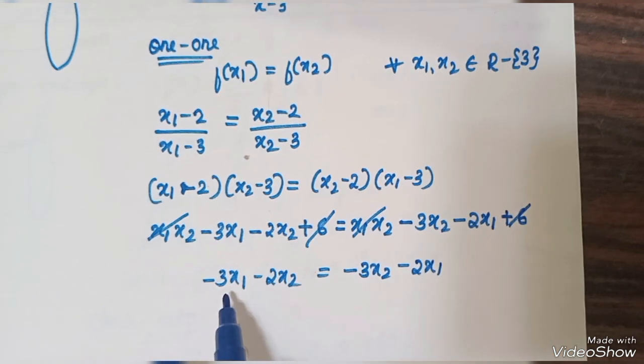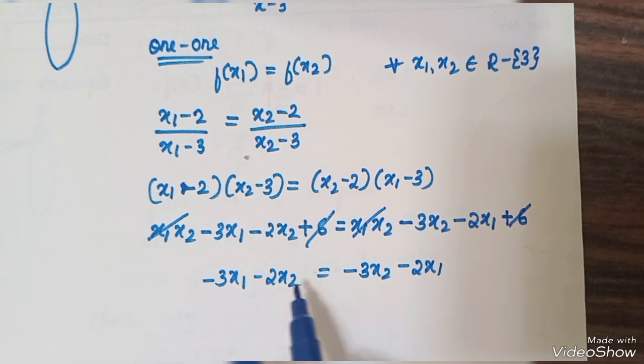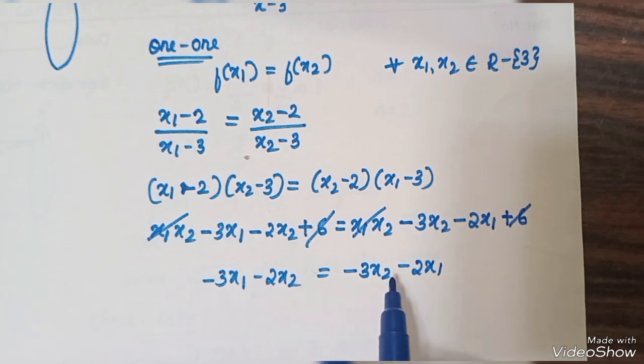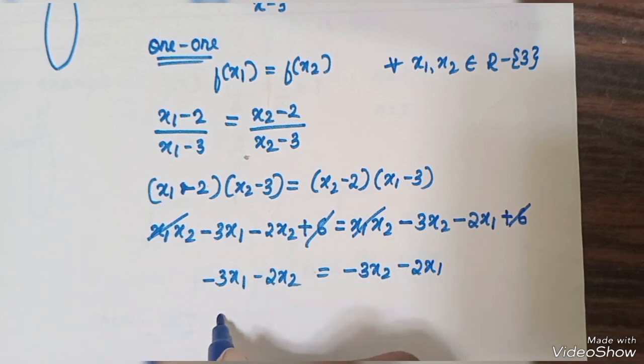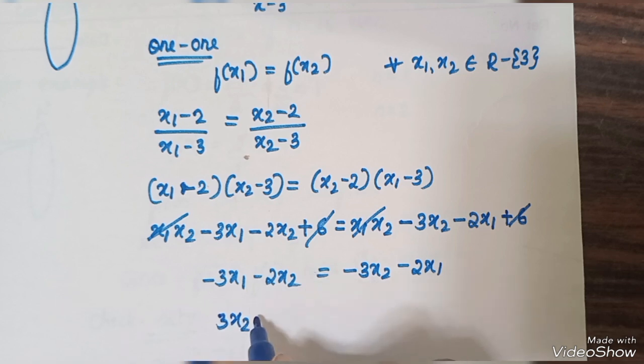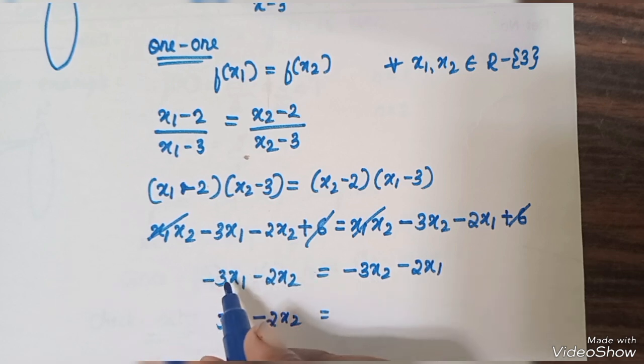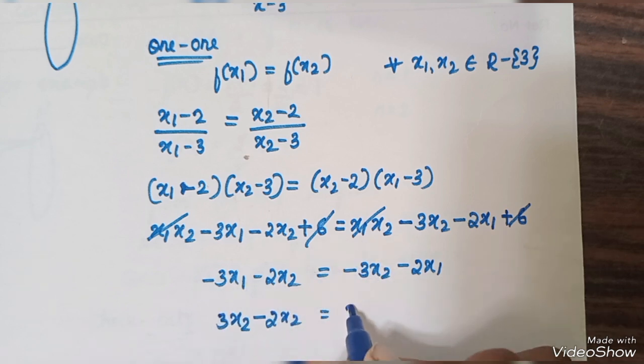Taking minus 3x2 to the left side, it becomes 3x2 minus 2x2. Again taking minus 3x1 to the right side, it becomes plus 3x1 minus 2x1.